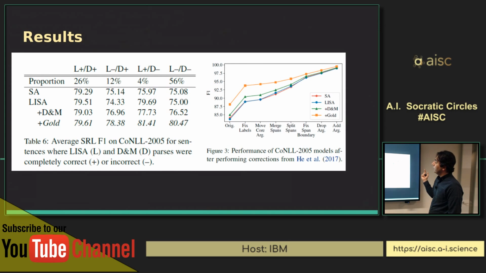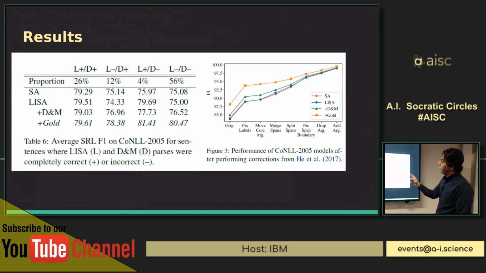But in general, when the syntactic parses are incorrect, let's compare the first and the last columns. When they both are incorrect, they perform worse than when they are correct, as intuitively you would expect.